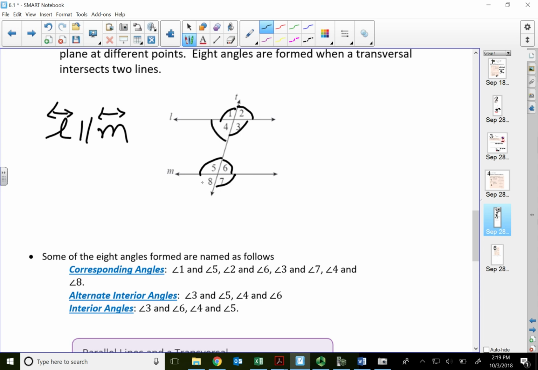So is 4 and 8. So corresponding angles are angles sitting at a similar position between the 2 lines, as compared to the transversal.